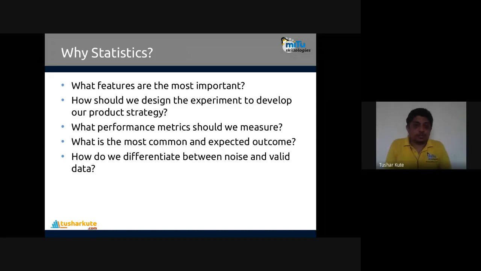Why statistics? This question is very important to note. What features are most important? Remember, we have a data set and I want to build a model, but using which important features? For example, in my data set, I have given the roll number of students. Will the roll number of a student affect the marks of the student?